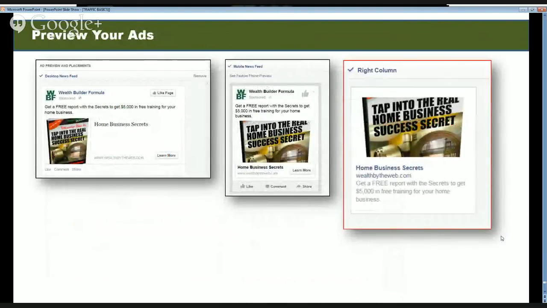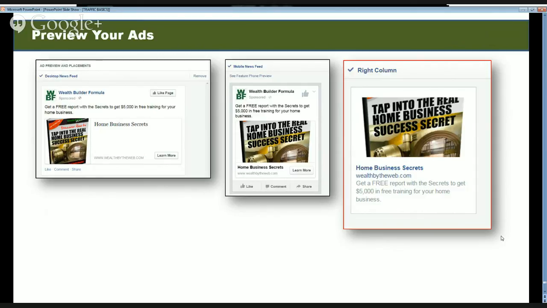And finally, when you're done with your ad, you can preview the ads and all the different types of ads. The one on the left is one of our dark posts. We're not going to be doing those, so you don't need to worry about them. The one in the middle is one that will go to a mobile phone. Again, you're not going to be doing those so much.